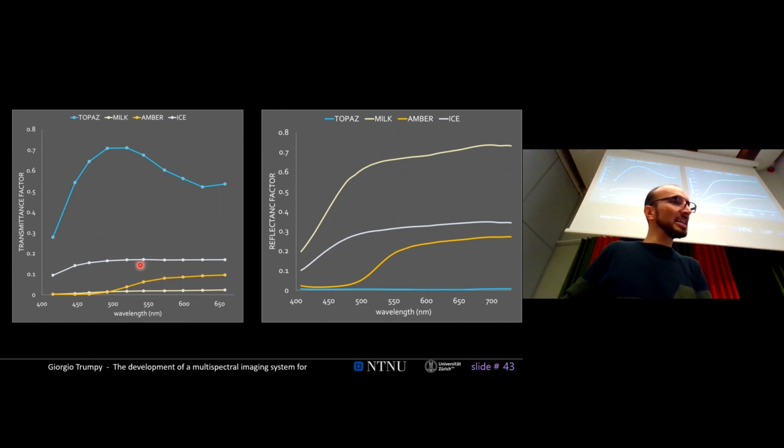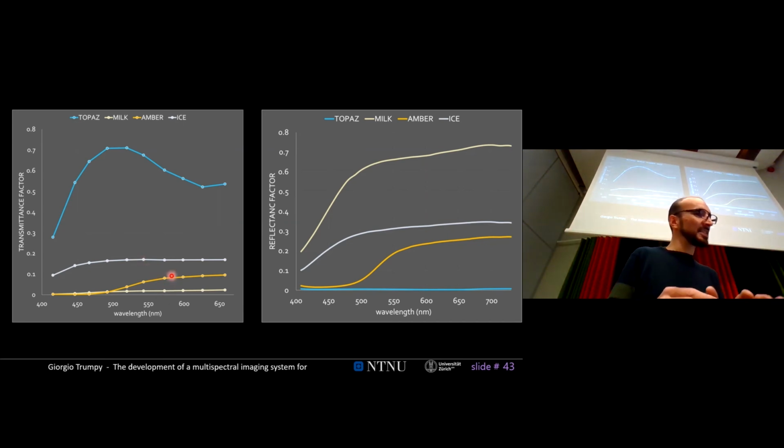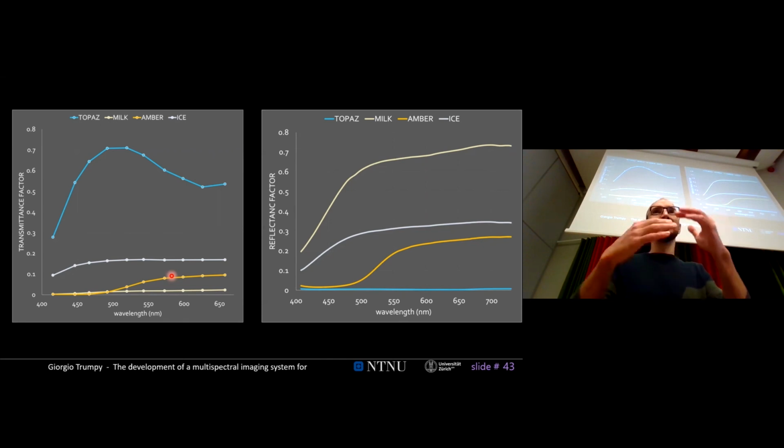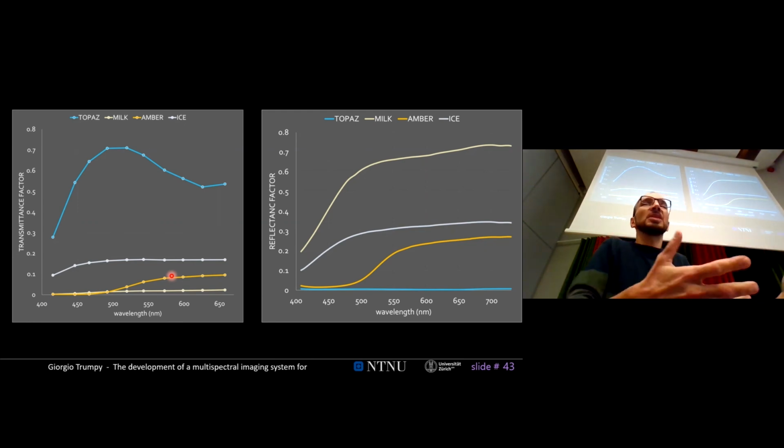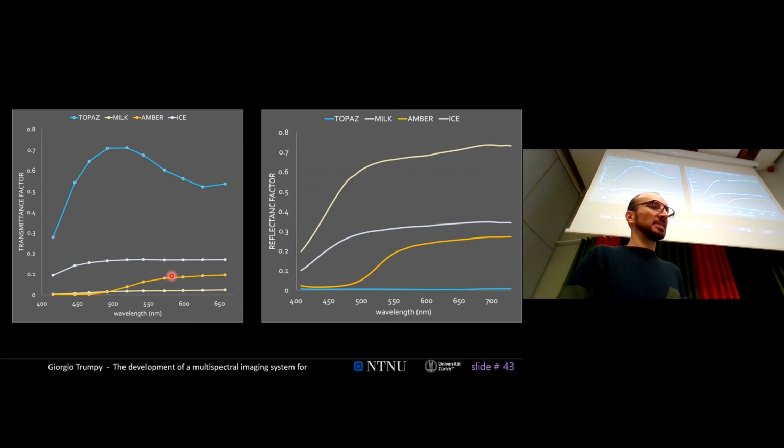But in the middle, ice and amber, more or less, they look the same, and they have the same relation between the two, in the sense that if you look at them through transmission or in reflection mode, I got the same numbers, let's say the same spectrum. While with the other two samples, the situation is exactly opposite.